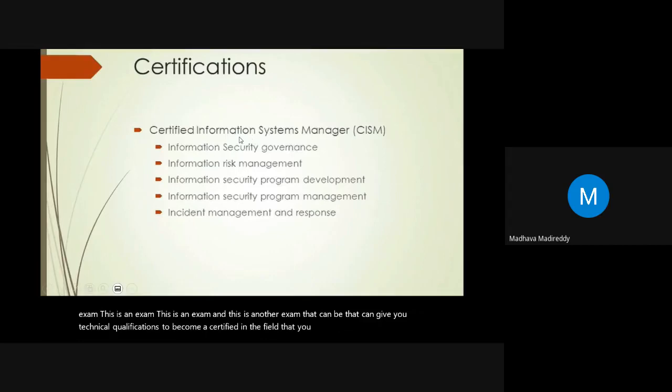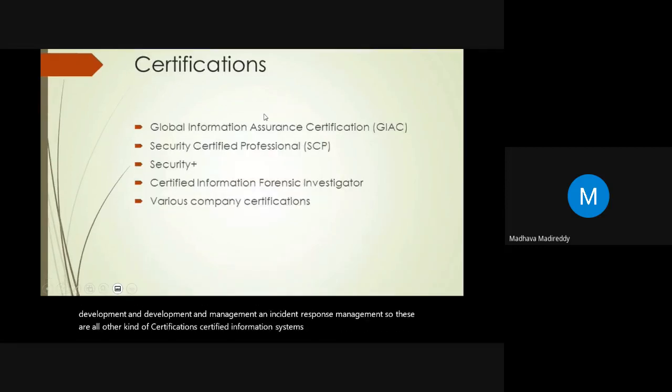The Certified Information Security Manager, on the other hand, looks at information security governance, information risk management, information security program development and management, and incident response management. So these are all other kinds of certifications. The other certifications that are also for information security and IT professionals are Global Information Assurance Certification, then Security Certified Professional and Security Plus, and then Certified Information Forensic Investigator.